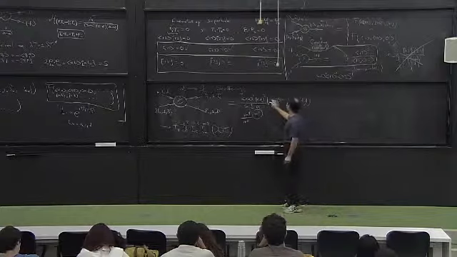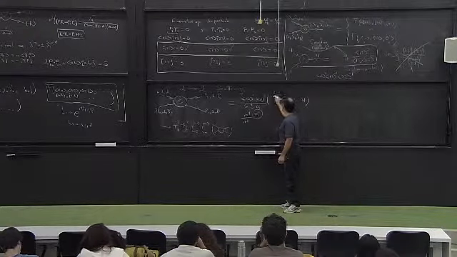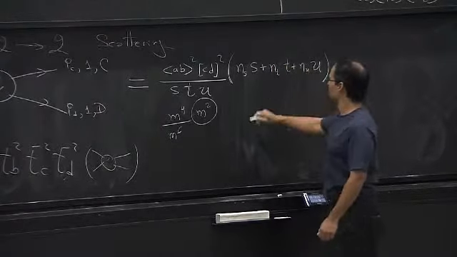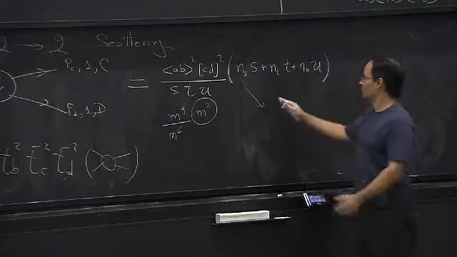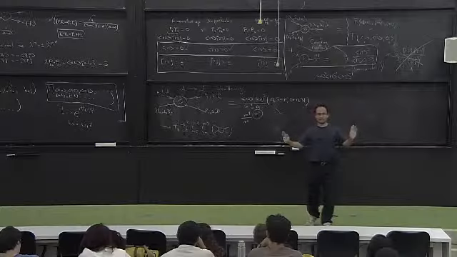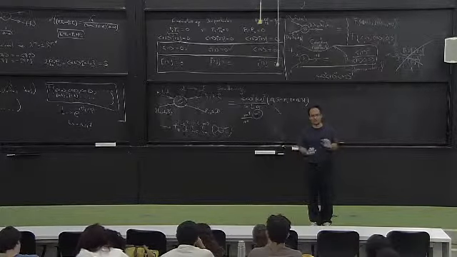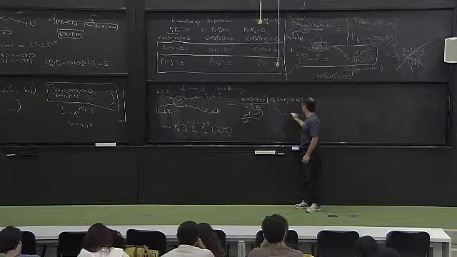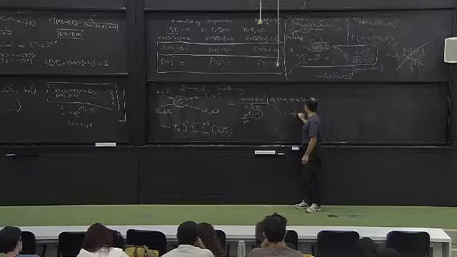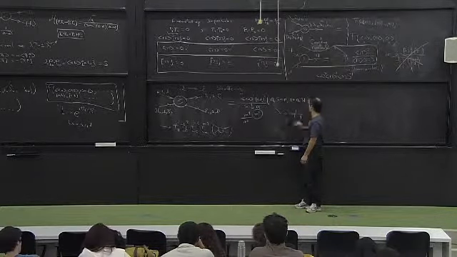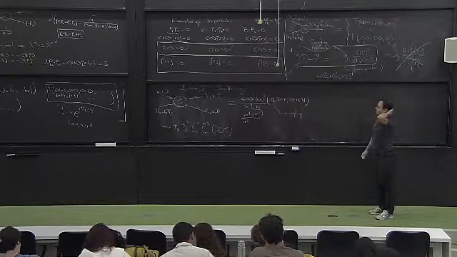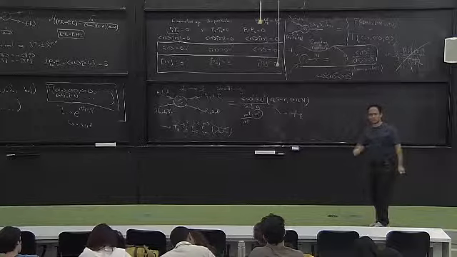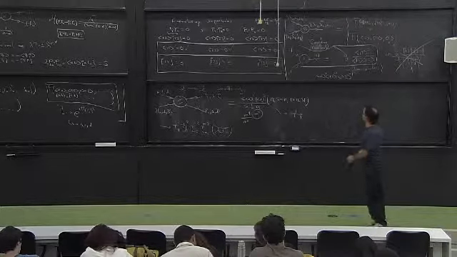You should allow for something here. Let's call it N_S, N_T, and N_U. Now, these things do not depend on any kinematics at all, right? We have fixed everything. There is nothing that we can do. So these guys can only depend on couplings. And in the last 10 minutes, we are supposed to find out who they are. Okay?